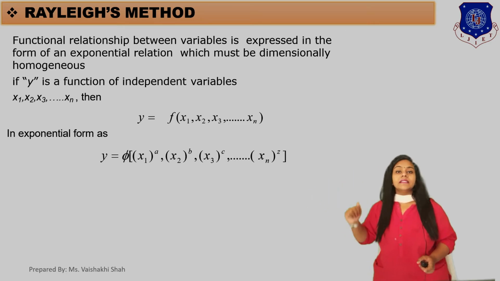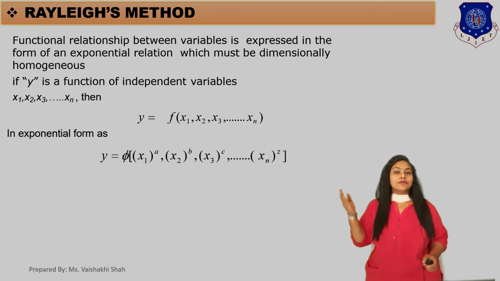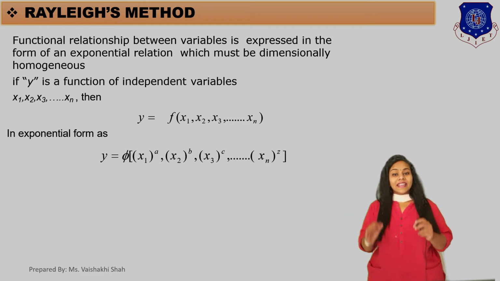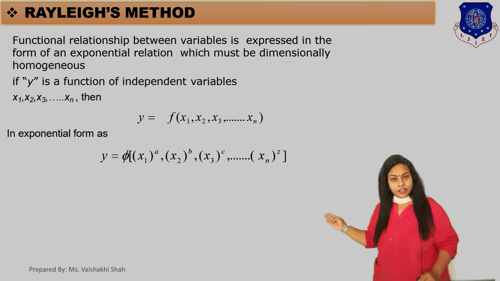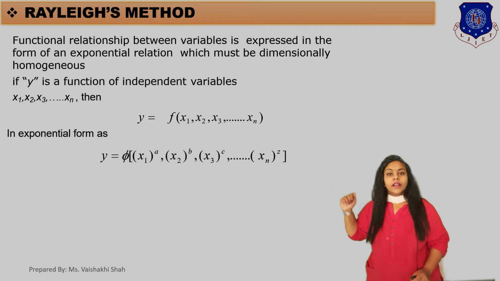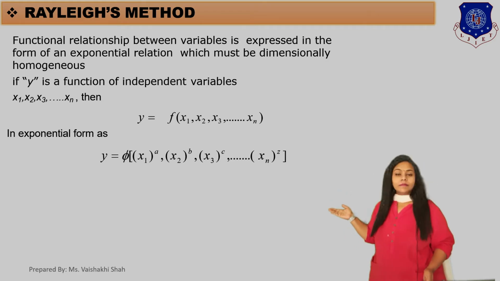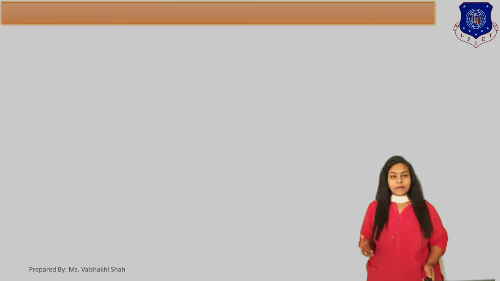In Rayleigh method, if y is a function of x1, x2, x3 up to xn, then in exponential form it is written like this: phi of x1 raised to a, x2 raised to b, x3 raised to c, up to xn raised to z. You can clearly understand this by example. So let's solve our first example by Rayleigh method.